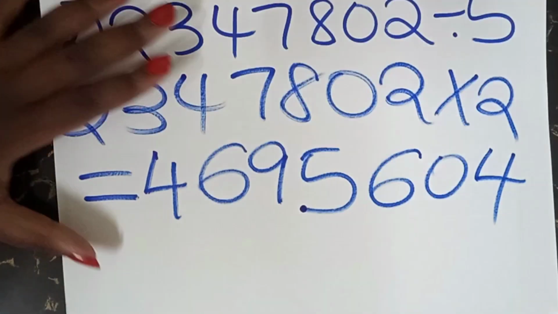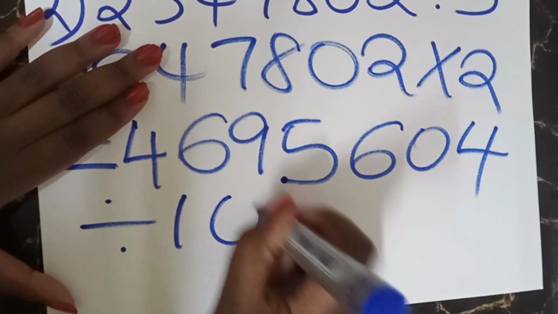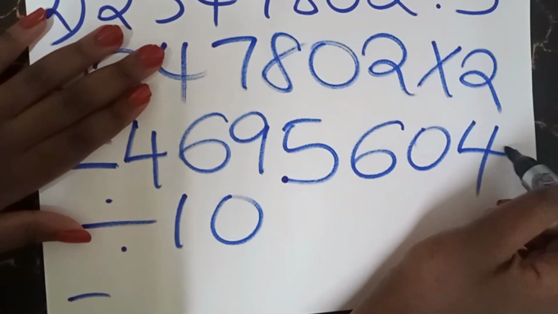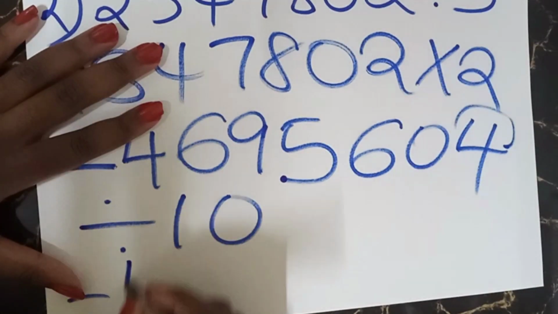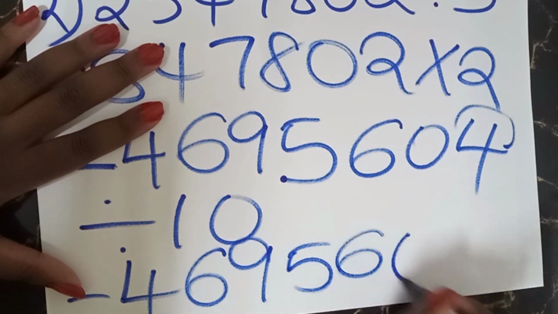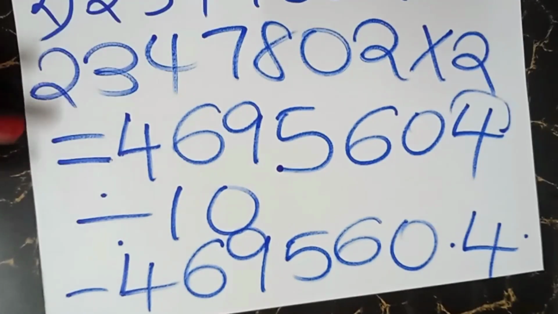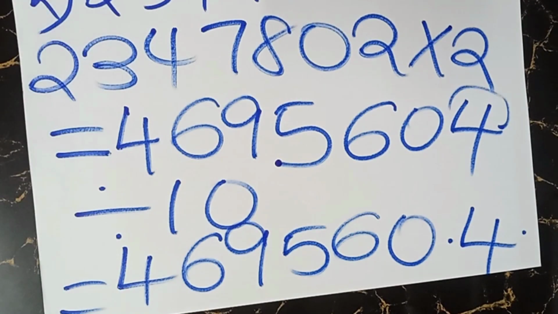Are we together? And then when we divide it by 10, what do we get? It goes like this. So this is what you get when you divide this number by 10, okay?